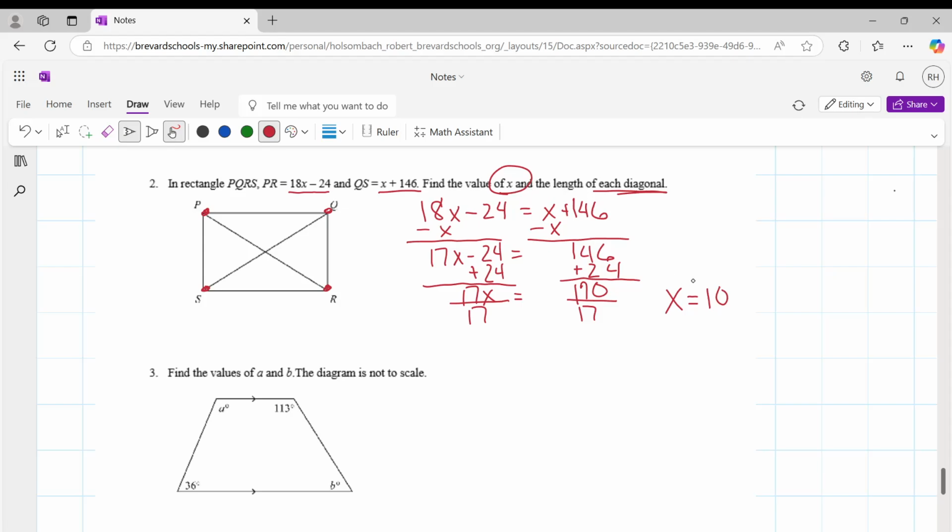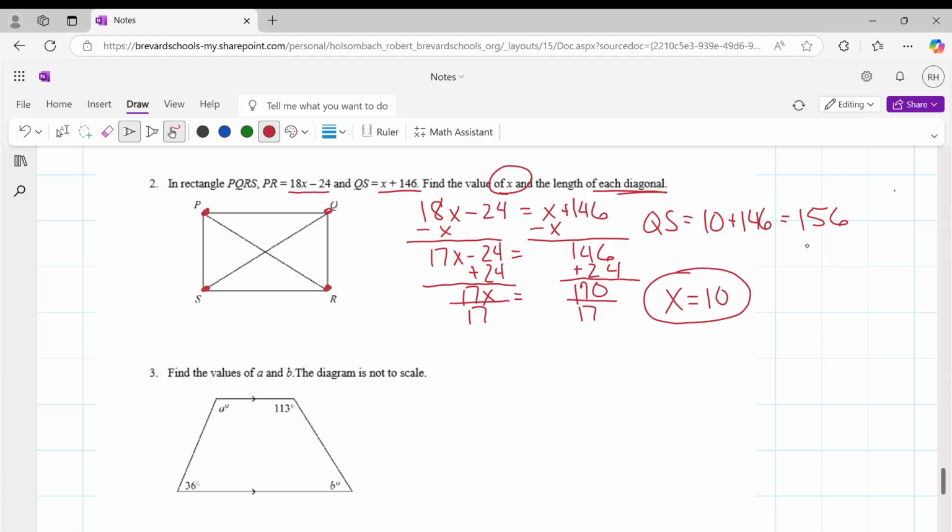So there's the first part of your answer. And QS is equal to x plus 146. So QS is equal to 10 plus 146, which is 156.